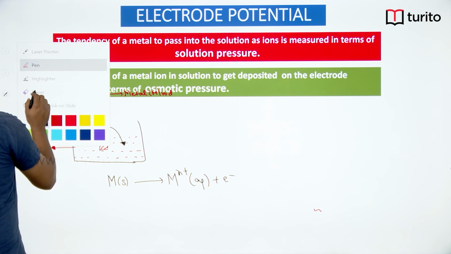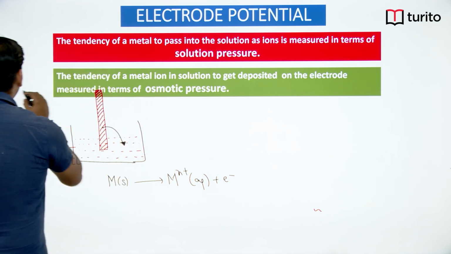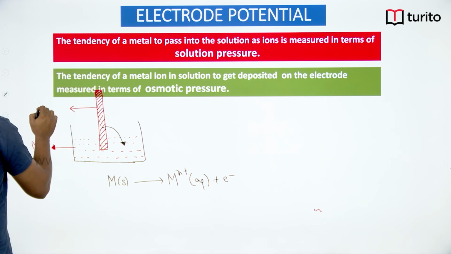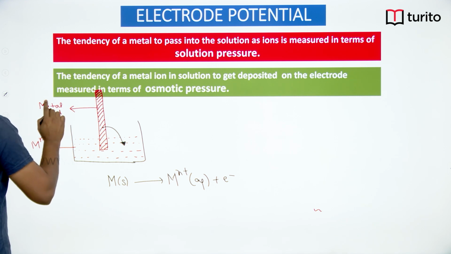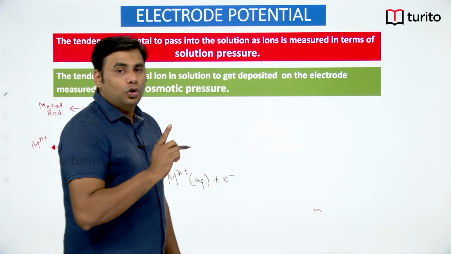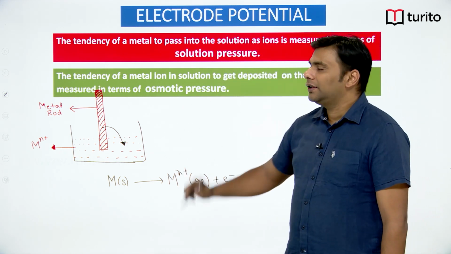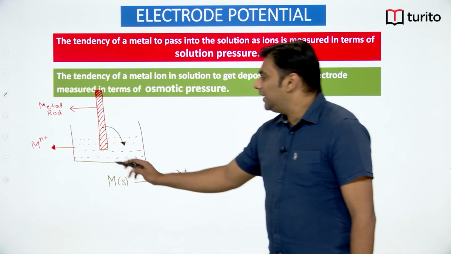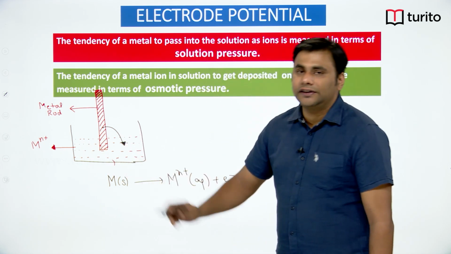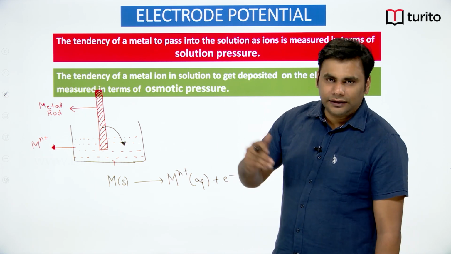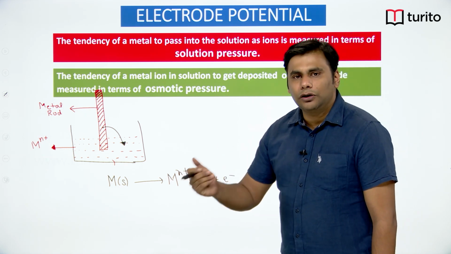I will just erase this if you are not able to see. So this is basically our metal rod. The metal has the tendency to go into the solution as metal ion, and that is measured by solution pressure. Similarly, the metal ions present inside the solution can take up electrons, or get reduced, and convert into metal.